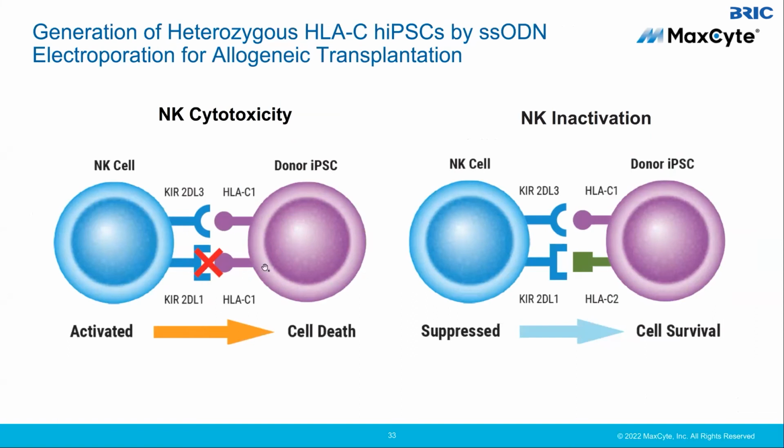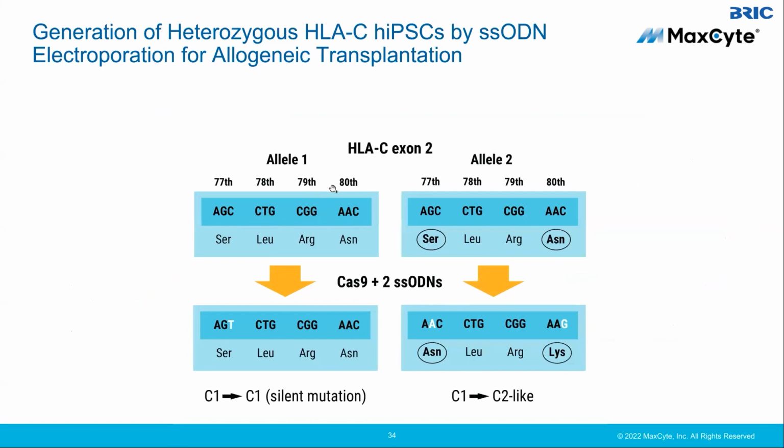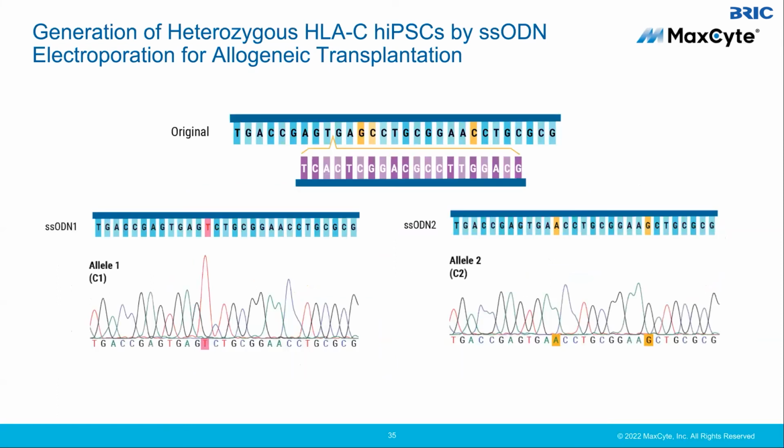You'll have cytotoxicity. The goal here was to modify one of the HLAs to HLA-C type 2 and basically promote cell survival. So in this example, in allele 1, you're still keeping the C1 type, but you're introducing a silent mutation so it doesn't get cut again by CRISPR-Cas9. And then you're mutating these two amino acids into asparagine and lysine for C2-like KIR, or HLA-C, sorry.